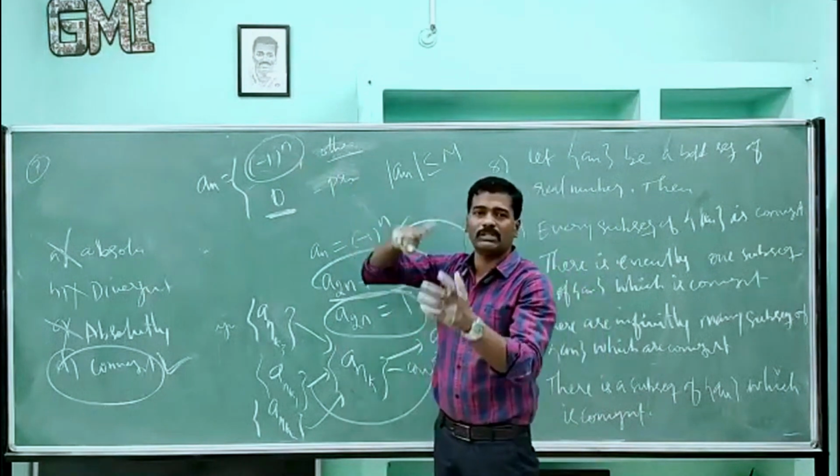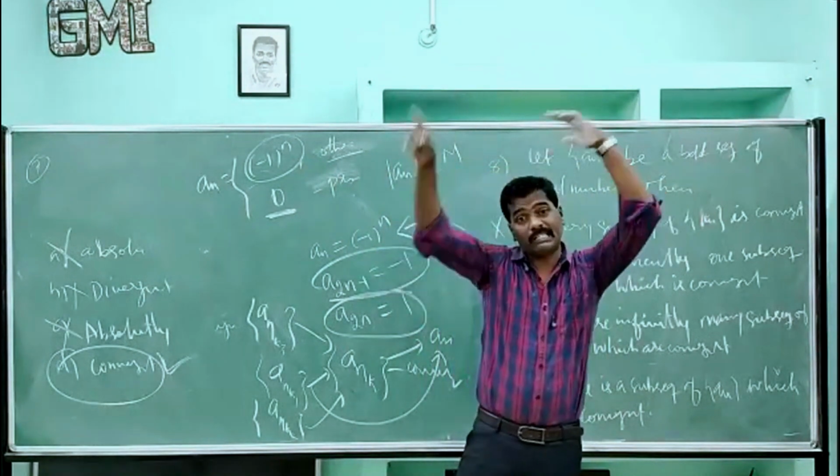So it will be minus 1, somewhere plus 1, somewhere minus 1, again somewhere plus 1.